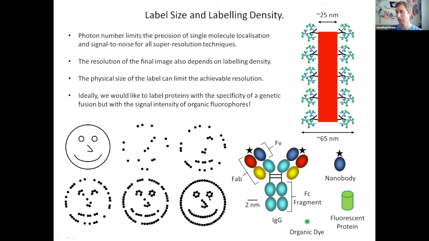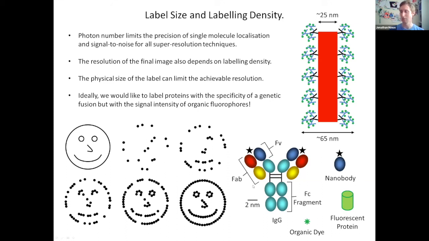Now, when you start to get very high resolution, which you can get in STED and also in STORM, you run into issues of label size influencing your achievable resolution. And this is most severely affected when you use indirect immunolabeling. So this is an IgG, which is about 10 nanometers tall.